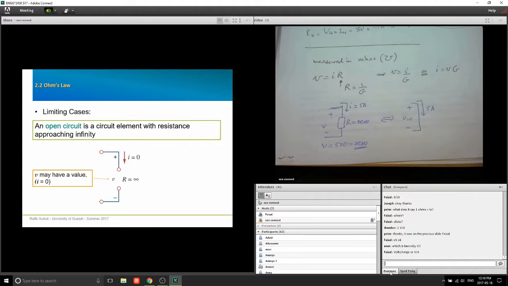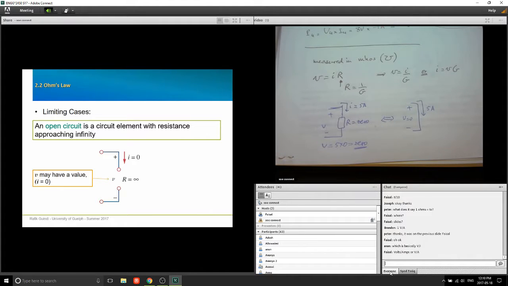So now the other limit: the resistance is so high that the current is unable to flow through the resistance. Now resistance is infinity. How much voltage can you have across these two nodes?